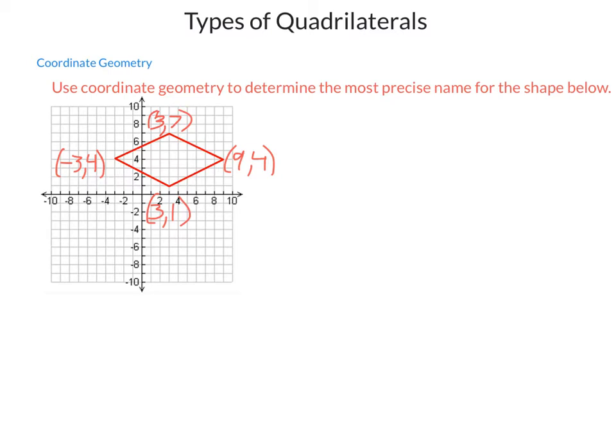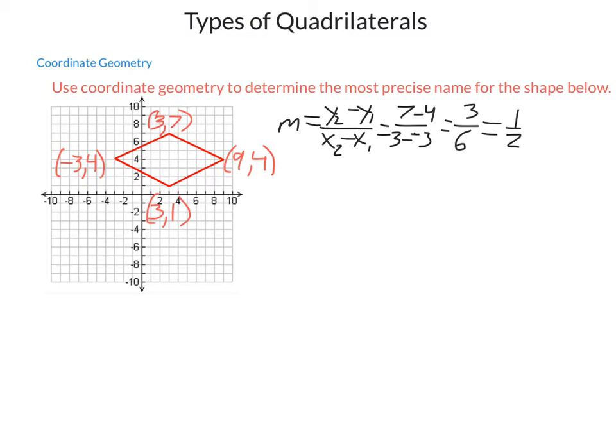So if you can recall, our slope formula is m equals y2 minus y1 over x2 minus x1. So if I look at my top left side, that would look like 7 minus 4 over 3 minus negative 3. And that becomes 3 over 6, or a slope of 1/2. Okay, moving to the top right, I'm going to call that first one M1, this will be M2.